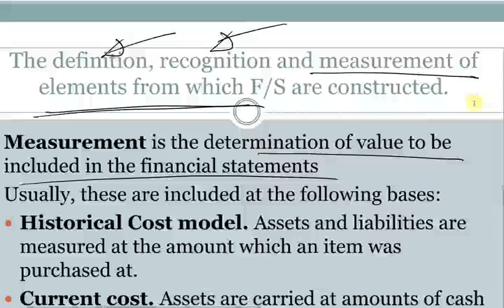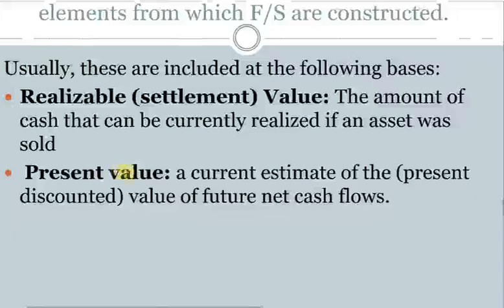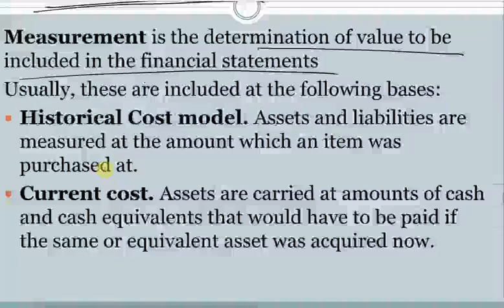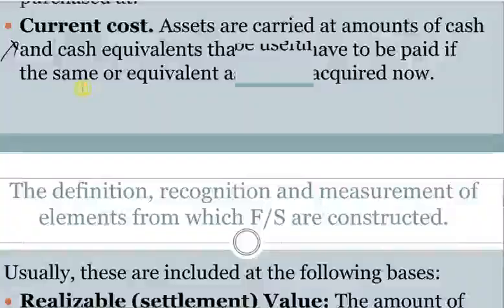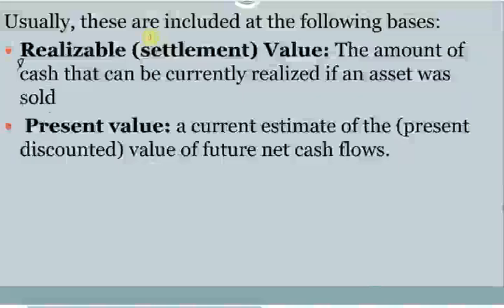If there's an income, what value can you give it? That's measurement. So the conceptual framework has talked about 4 models of measurement. We have the historical cost model, the current cost, the realizable value or the settlement value, and the present value.